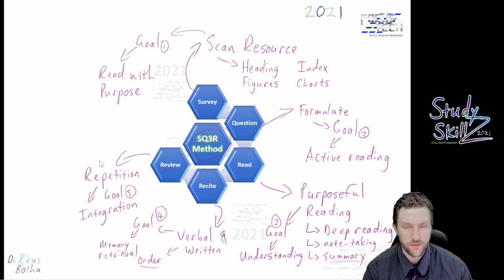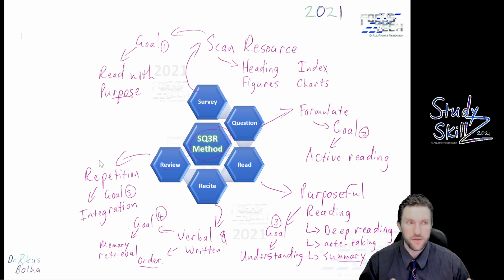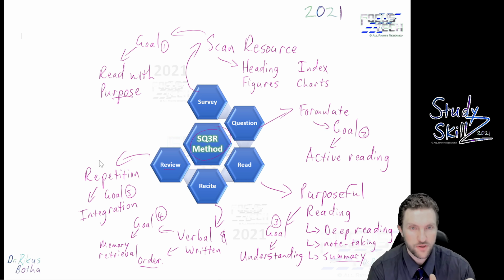Now remember, SQ3R, there were 5 goals. First was purpose. Second one was active reading. So actually challenge yourself while you're going through the information, really reflect on it. Then you want to do understanding, so make sure you understand the information and truly appreciate what it means. If you're not sure on a certain concept, or if there's a term that you've never seen before or a word that's unfamiliar, check it.